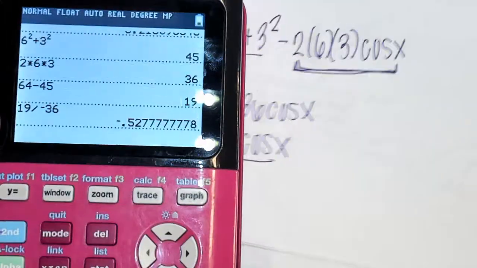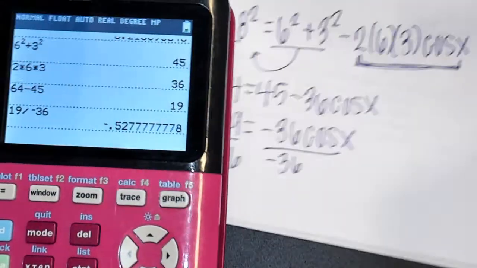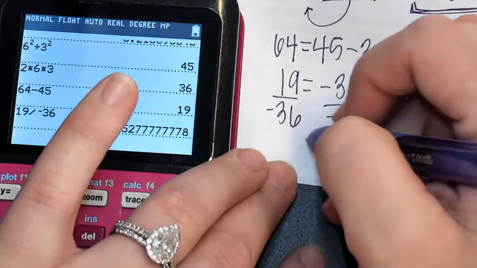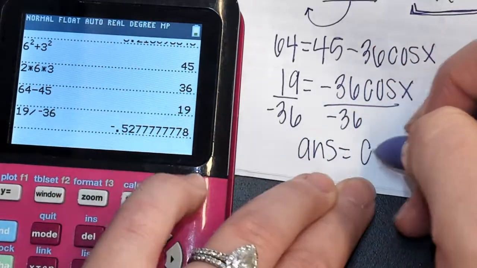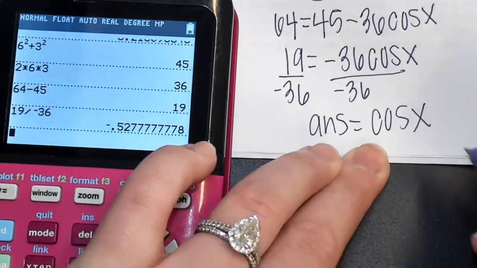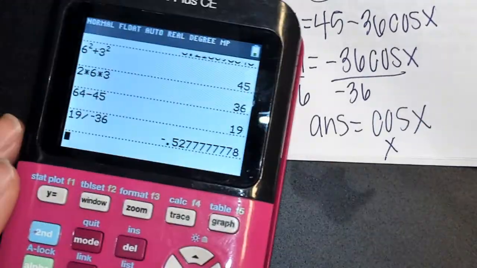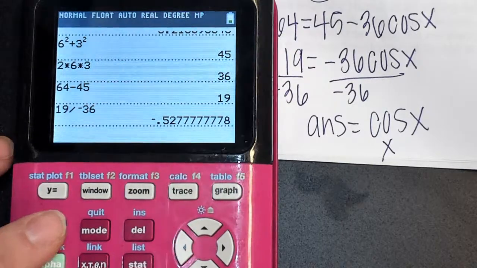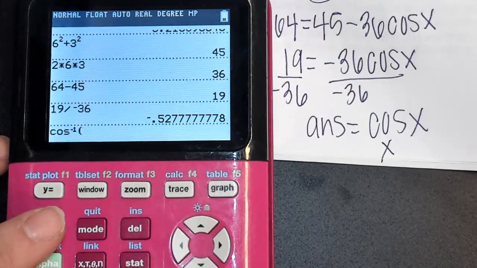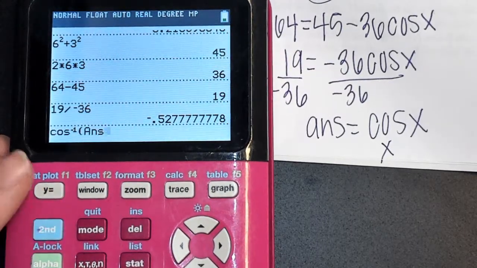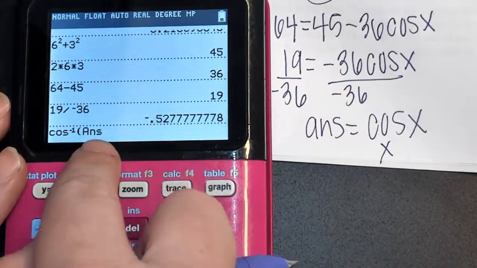So I have this thing. But now, guys, I have this answer equals cosine of x. How do I break cosine and x? I have to take the inverse. So on your calculator, go to second cosine, second answer, and it'll take that answer and it'll plug it in here.